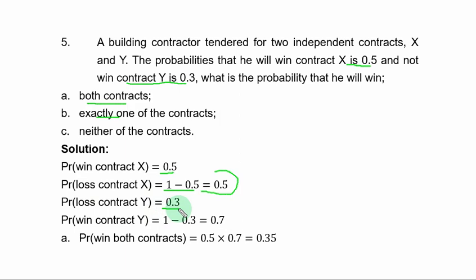Probability win contract Y becomes 1 minus 0.3, and that is 0.7. A part of the question, probability win both contracts. Both signifies multiplication rule. Since the two contracts are independent, you have 0.5 times 0.7, and that is 0.35.